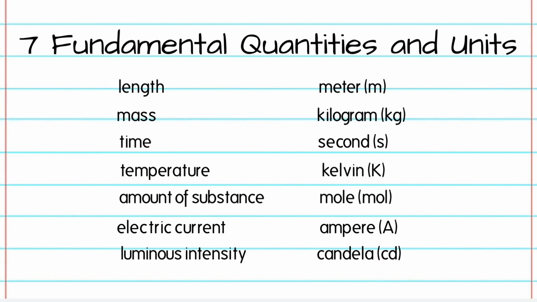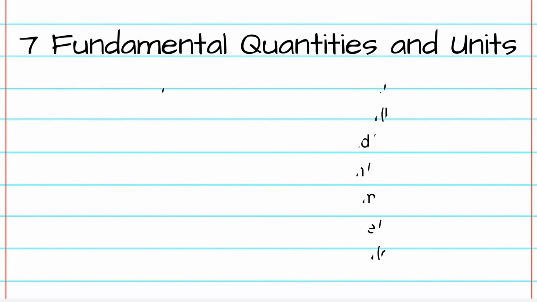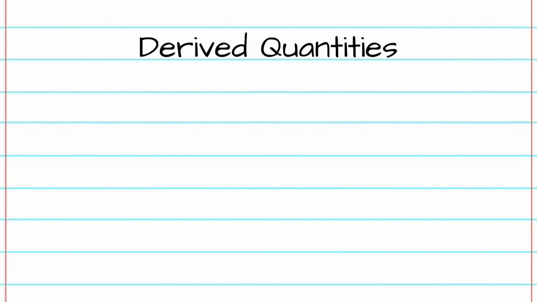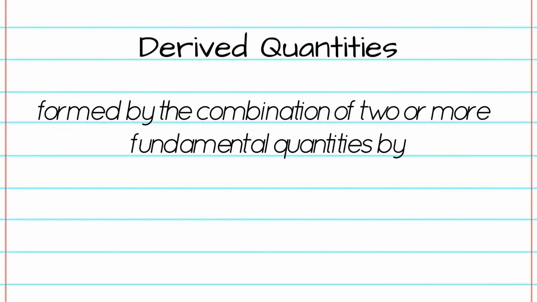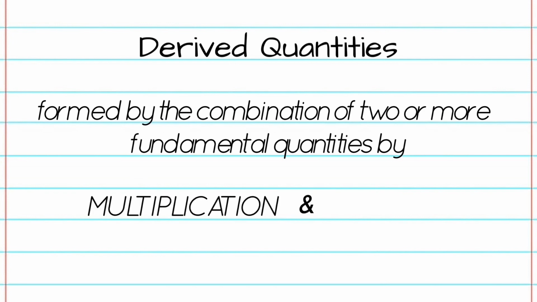In addition, we have also what we call the derived quantities, which are formed by the combination of 2 or more fundamental quantities by multiplication and division.